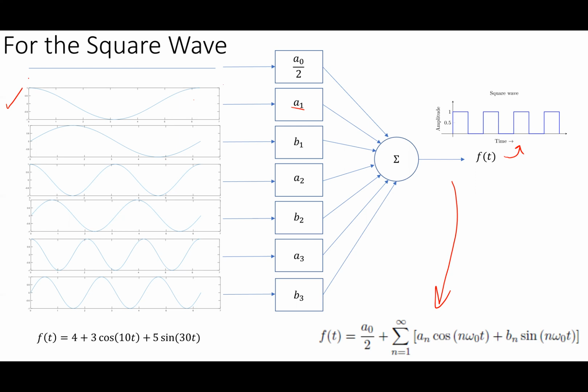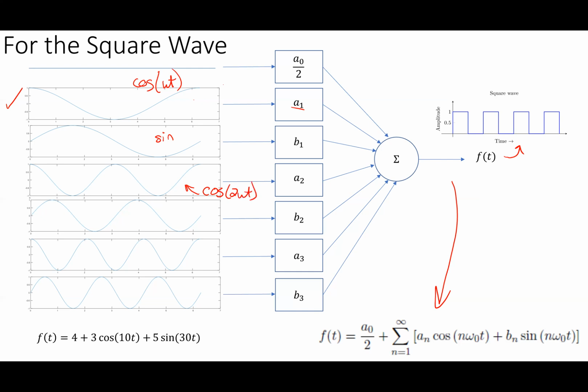Cosine. What is this one? Sine. What's this one beneath it? It's a cosine, but particularly if I call this one cosine omega t, what is this one here? Cosine 2 omega t.